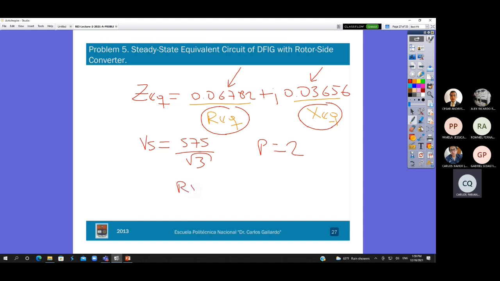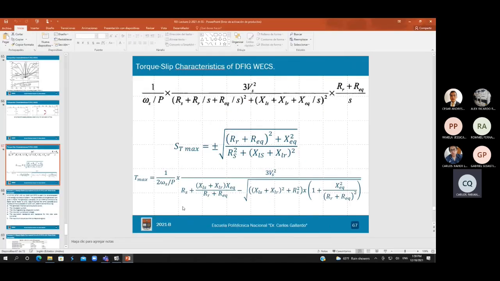The stator resistance is data from the manufacturer. The rotor resistance is data from the manufacturer. The stator leakage reactance and the rotor leakage reactance are data from the manufacturer. So therefore I have all the parameters.